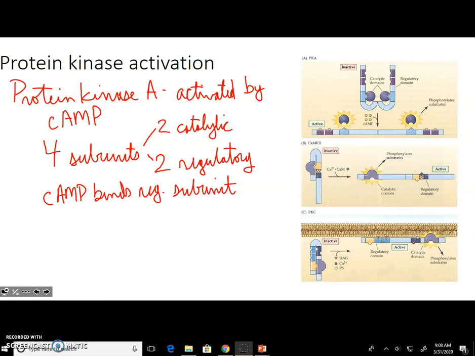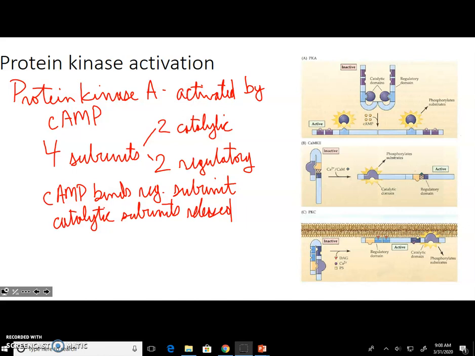And this has an effect of releasing the catalytic subunits. Okay, so normally the regulatory subunits are bound and the protein kinase is inhibited, but when cyclic AMP is present, now the catalytic subunits are free.